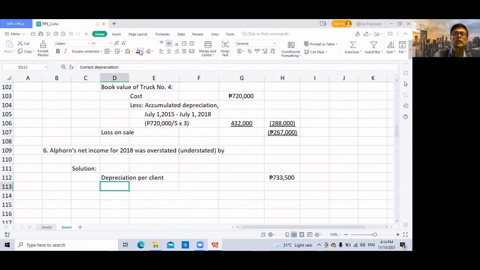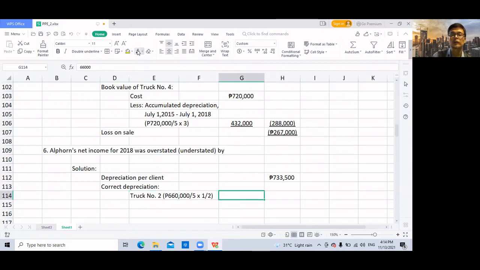But the correct depreciation, of course, in 2018, marami nang nawala na truck. Pero truck number 2 nandun pa rin. So that's 660,000 divided by 5 times 1.5, so 66,000. Next is truck number 4, divided by 5 times 1.5, 72,000.